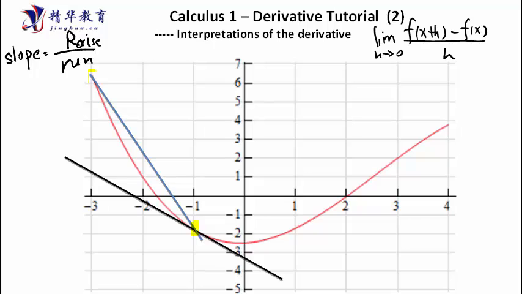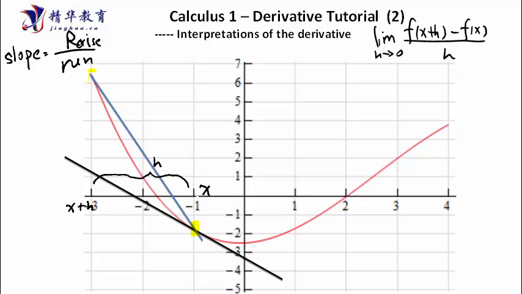Let's say we have x here, and the distance to the other point is h. So let's say here is x plus h. h can be a negative number, so it's okay; we can just use x plus h. On the other side it's the same. So we got x and x plus h.